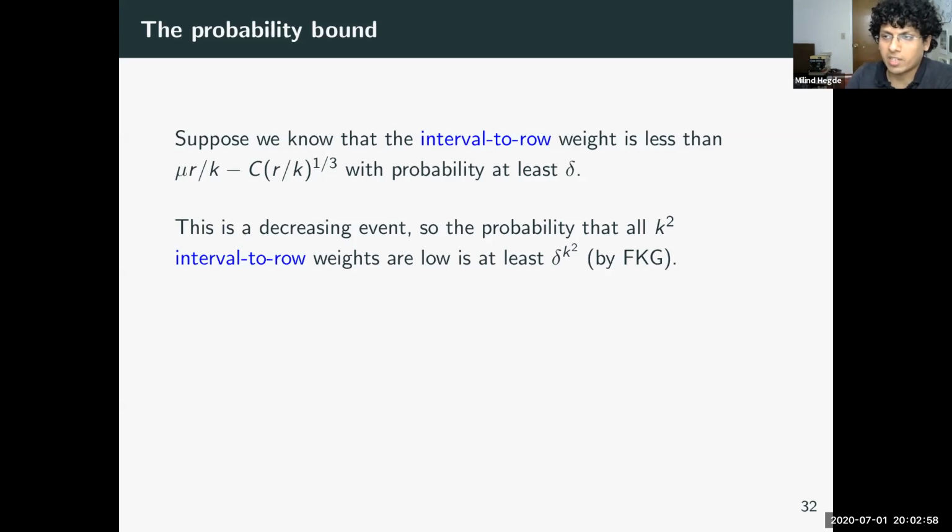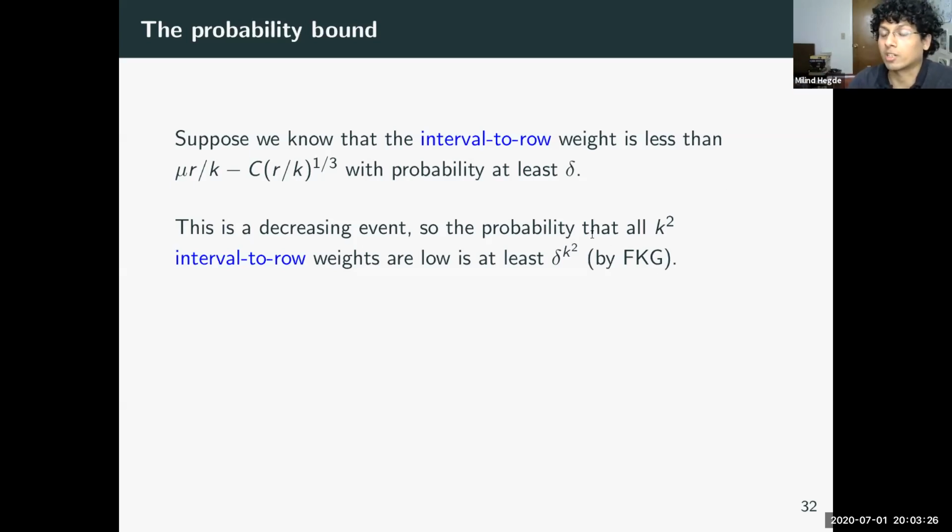And the nice thing about decreasing events is that you have an inequality for lower bounding the probability of their intersection occurring. And that's the FKG inequality, which says that the probability that the intersection happens is at least as big as the product of the probabilities. So in this case, we know by assumption that each of them has probability at least delta. We want it to happen for k squared instances. So it's delta times delta times delta, k squared times.